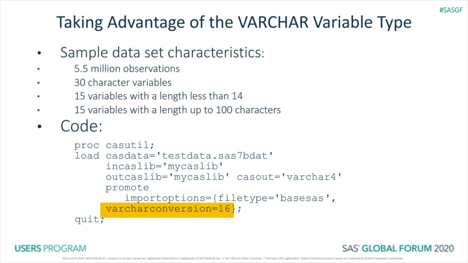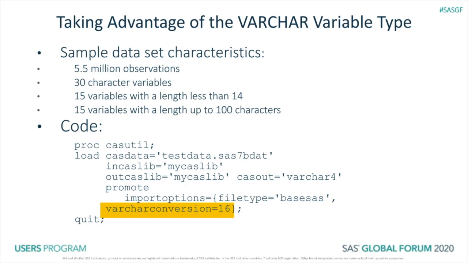So let's take a look at an example of taking advantage of the VARCHAR variable type. I have a sample data set with 5.5 million observations. It has 30 character variables, and 15 of these variables have a length of less than 14, and 15 of the variables have a length of up to 100 characters. So when we load our data set into CAS, we want to make sure that only variables that have a length of 16 or greater are converted to VARCHAR.